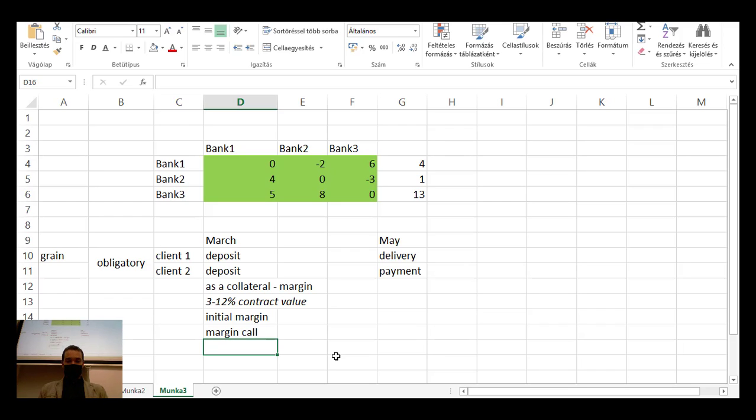The problem was that once the Russian crisis started to hit the market and volatility started to increase, their financial service providers started to increase the margin size. It meant that if global volatility increased by 1%, they had to put up an additional $100 million as a deposit.